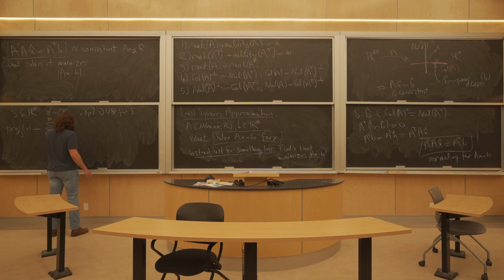V against gamma i multiplied by gamma i. This is a number. This is a vector. This is a linear combination of these vectors, gamma 1 to gamma p.